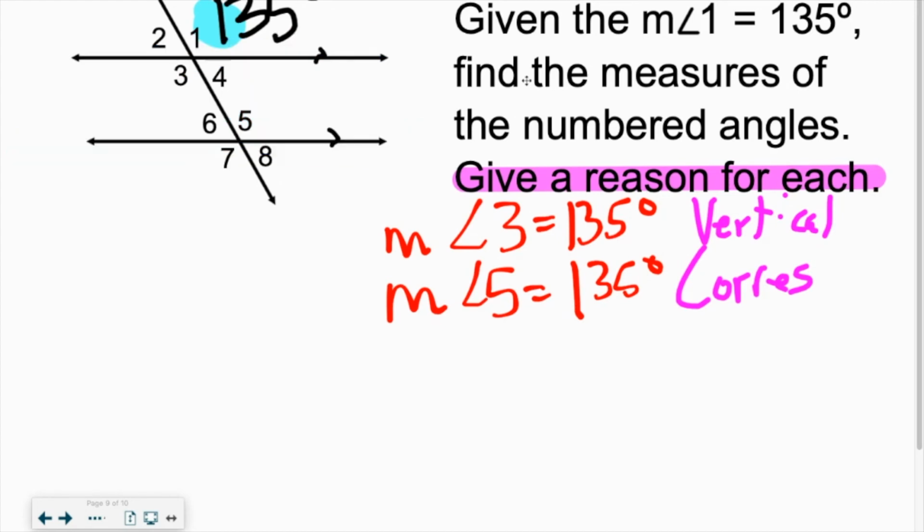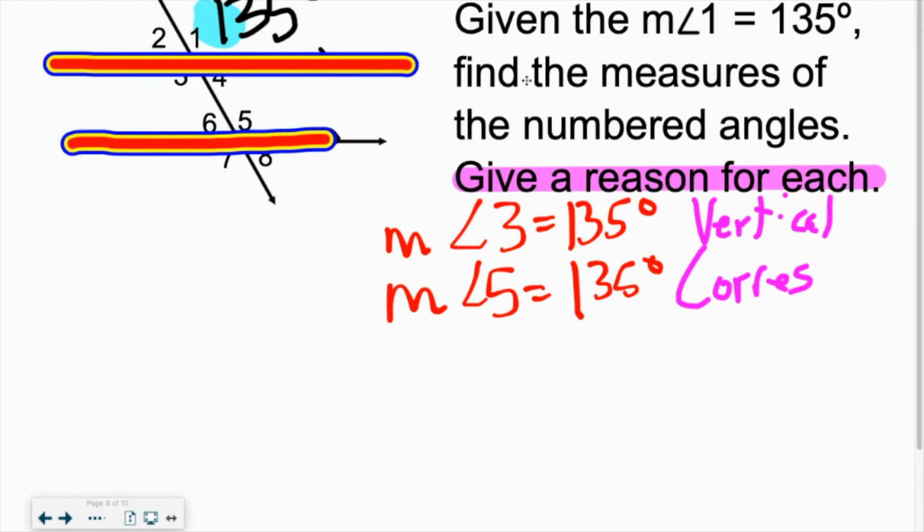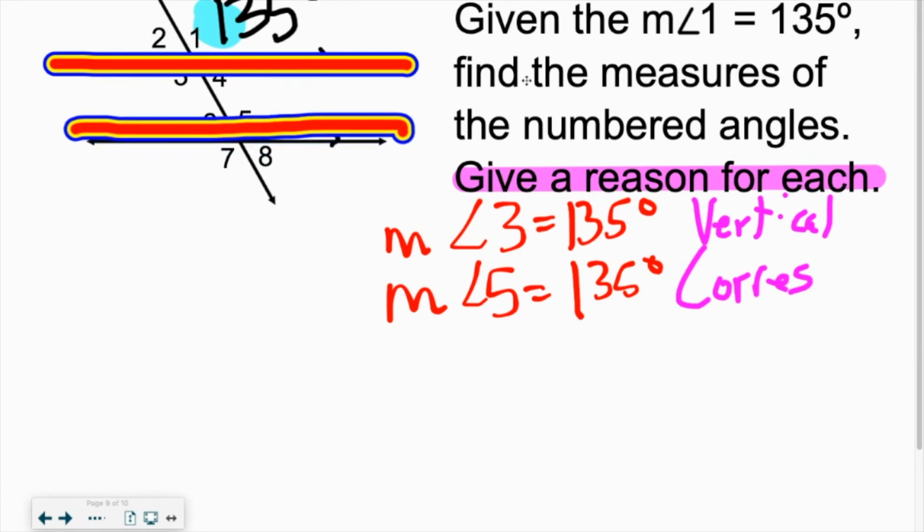Going back up to angle 1, noticing when you're looking at angle 1, in regards to the parallel lines, it's on the outside. So since angle 1 is here on the outside, we're going to go over here to the other outside. Since angle 1 was on the right side, I'm going to focus in on the left side because they're on the opposite sides on the outside.